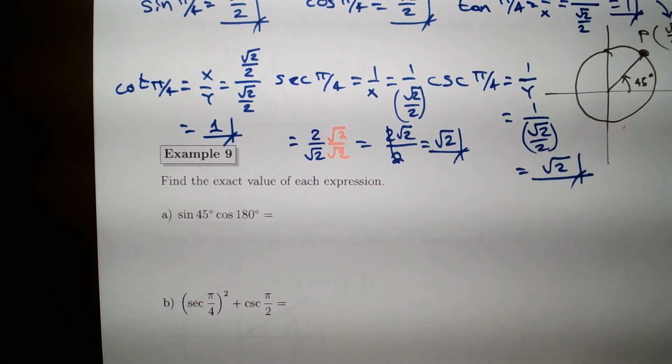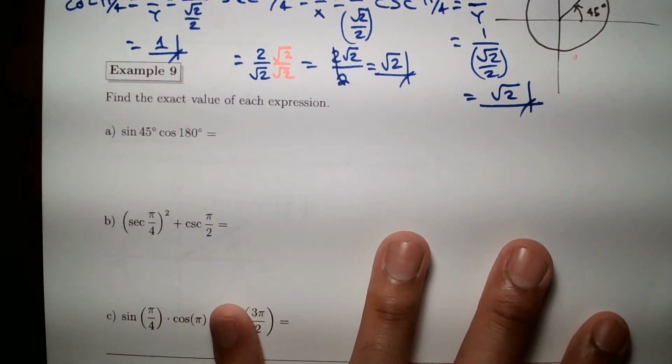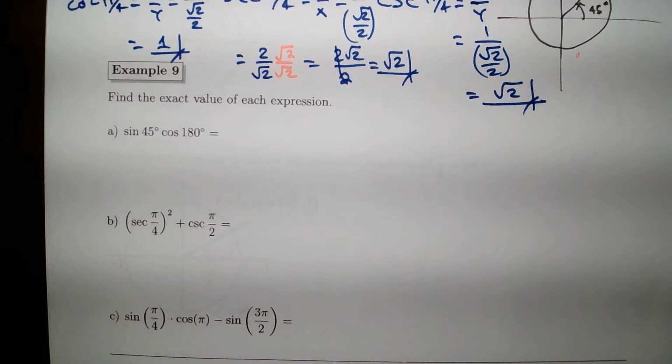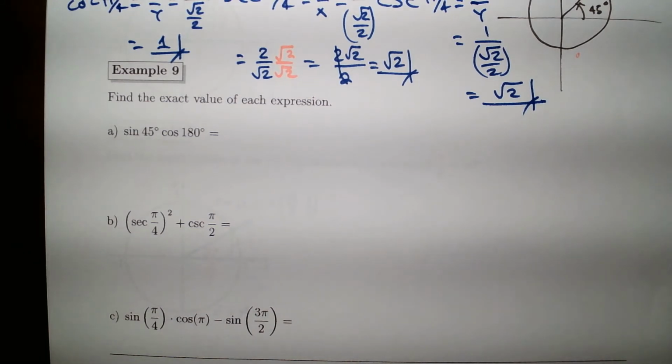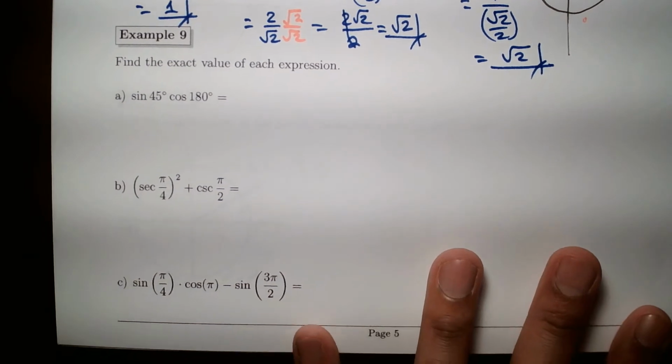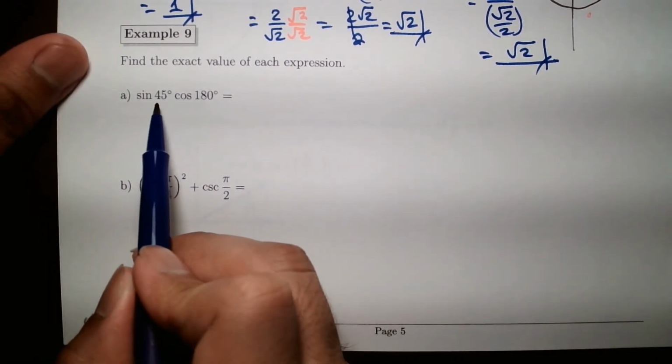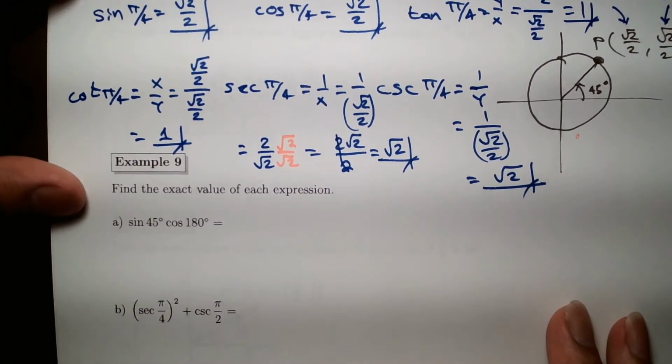All right, let's find the exact value of the expressions below without actually using a calculator. So we're going to use the identities that we know so far, and not the identities but the values. Sine 45, we did it at the top here.